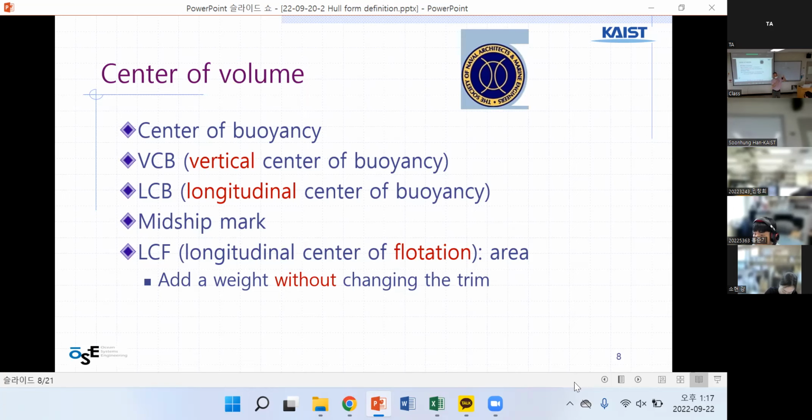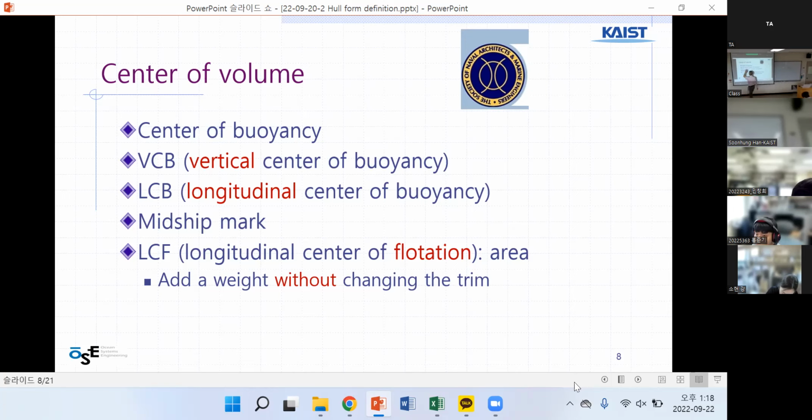How can you calculate this? The center is around somewhere here. How about the center of my body? Volume or weight is a little bit different. There is the center of my body volume and the center of weight. Center of gravity, CG, should be similar but a little bit different, right?